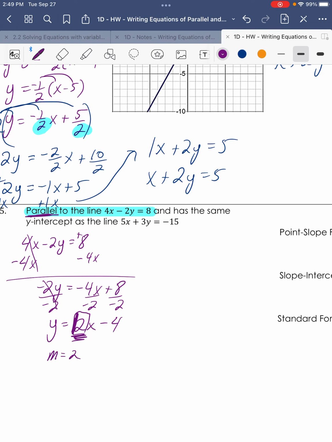Same y-intercept as 5x plus 3y equals 15. So we have to find the y-intercept. We're going to get it into slope-intercept form. It's the only way I've really showed you to get the y-intercept.